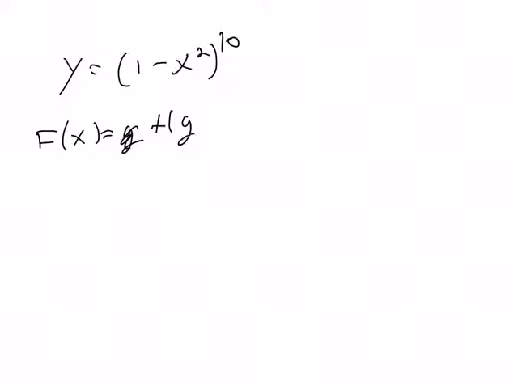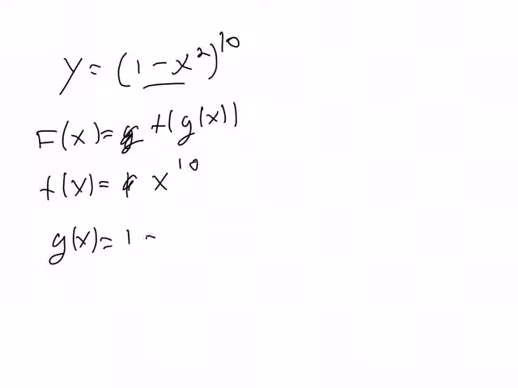So let's say we have y is equal to 1 minus x squared to the 10th. Again, we can say big F of x can equal little f of g of x, where f of x is equal to x to the 10th power, and g of x is the function inside, which is 1 minus x squared. So now this is equal to y.